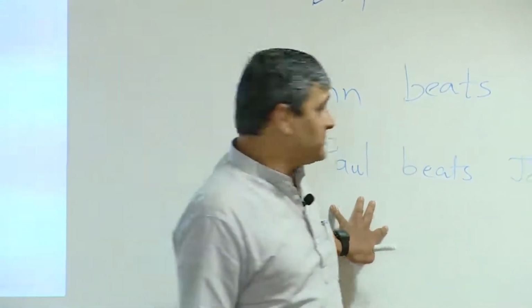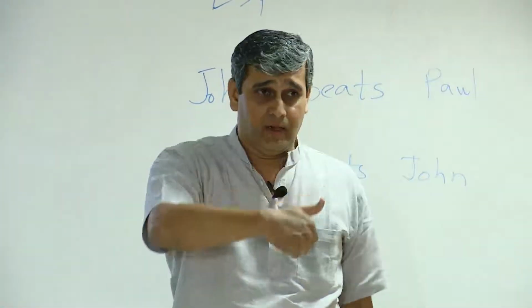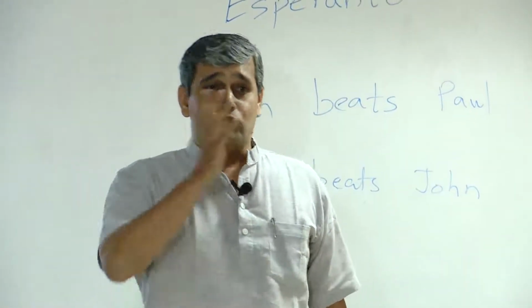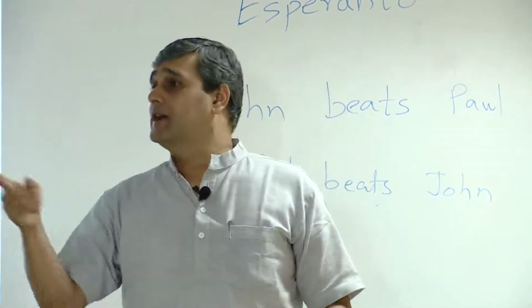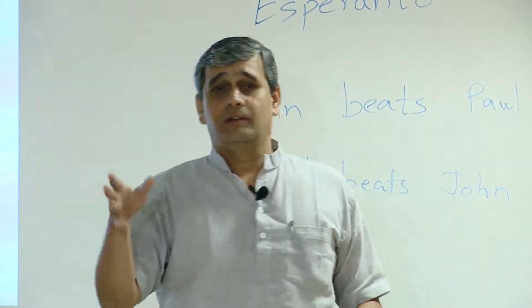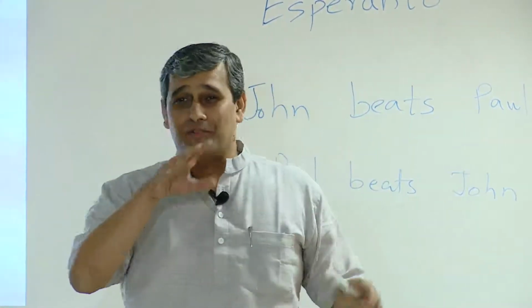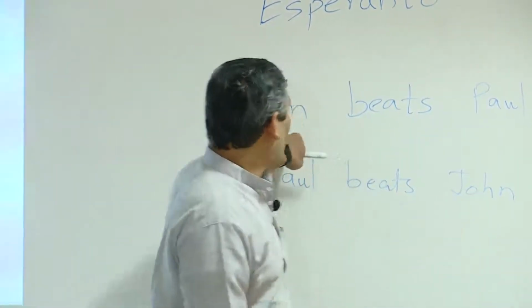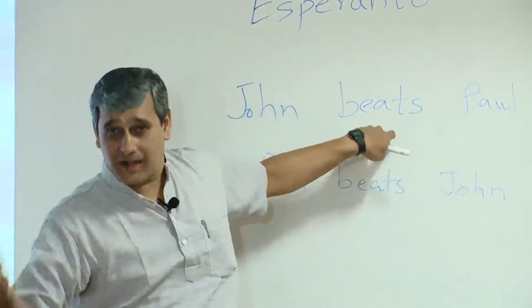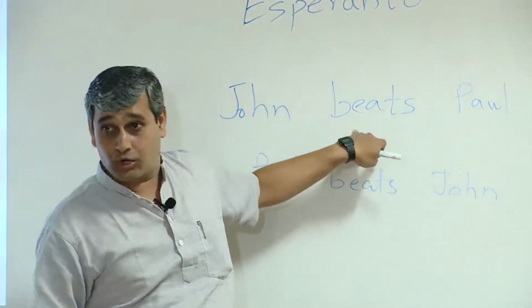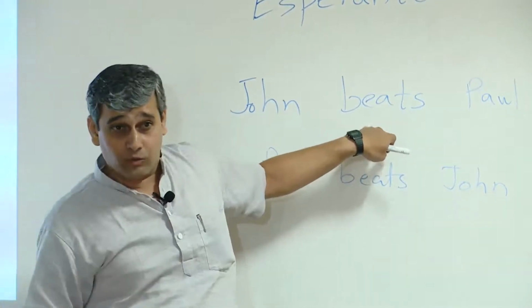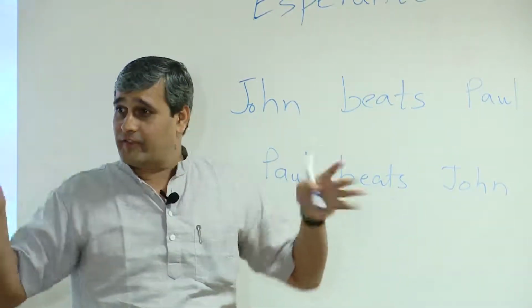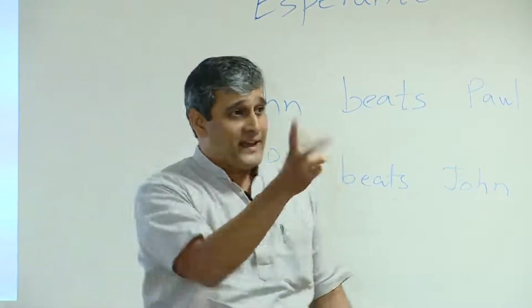Now Paul becomes the subject, John becomes the object, whereas in Marathi or Hindi, John Paula marto or haravto, just to be less violent. So John Paula haravto, Paula haravto John, Paula John haravto, everything means the same. Why? The syntax is flexible.